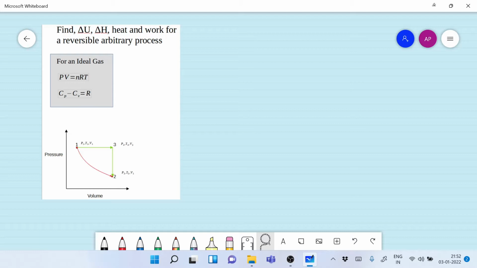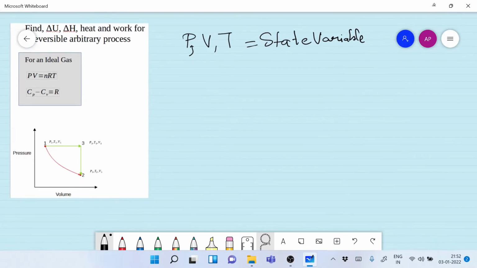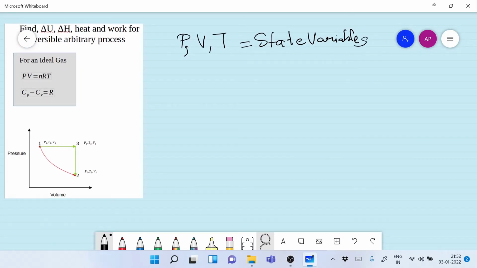Now, at the outset, I would like to tell you that pressure, volume, and temperature are state variables, since they determine the state of the fluid.